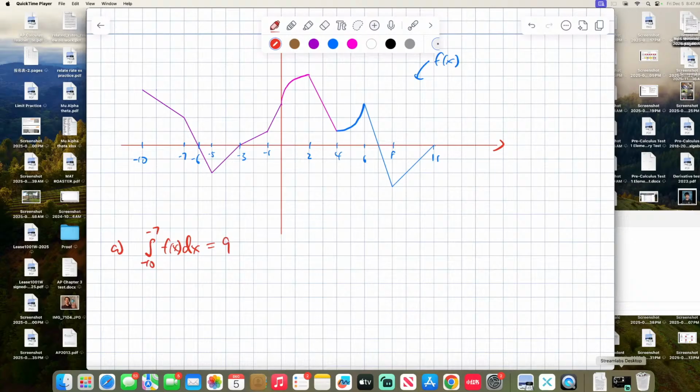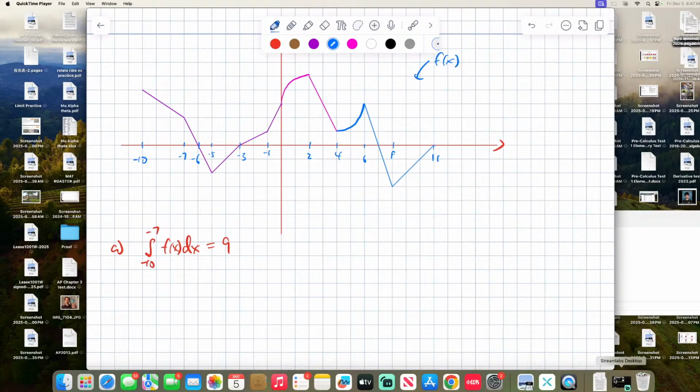It's just a trapezoid. So it'd be 2 plus 4 divided by 2, which is 3, and then 3 times 3 is equal to 9. You can look at a rectangle plus triangle, it's fine, but you have a formula for a trapezoid, which you should memorize for later, called the trapezoid rule.